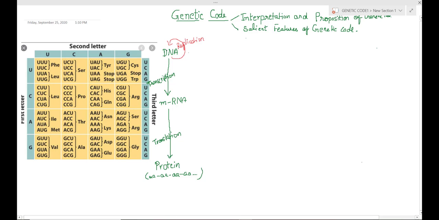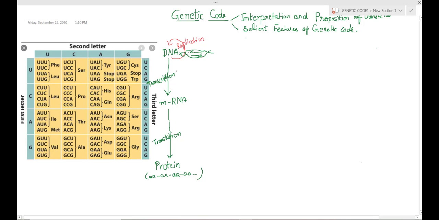In gene expression, as we know, DNA transcribes itself into mRNA, and mRNA gets translated into protein, which is a polymer of amino acids. DNA also replicates itself and makes its copy. In replication, the DNA makes its daughter strand, which is complementary to the parent strand.